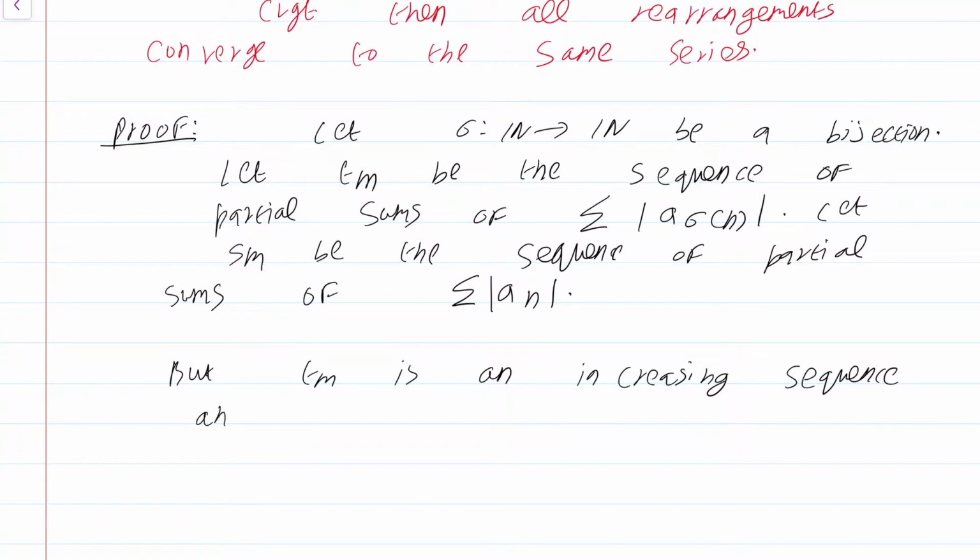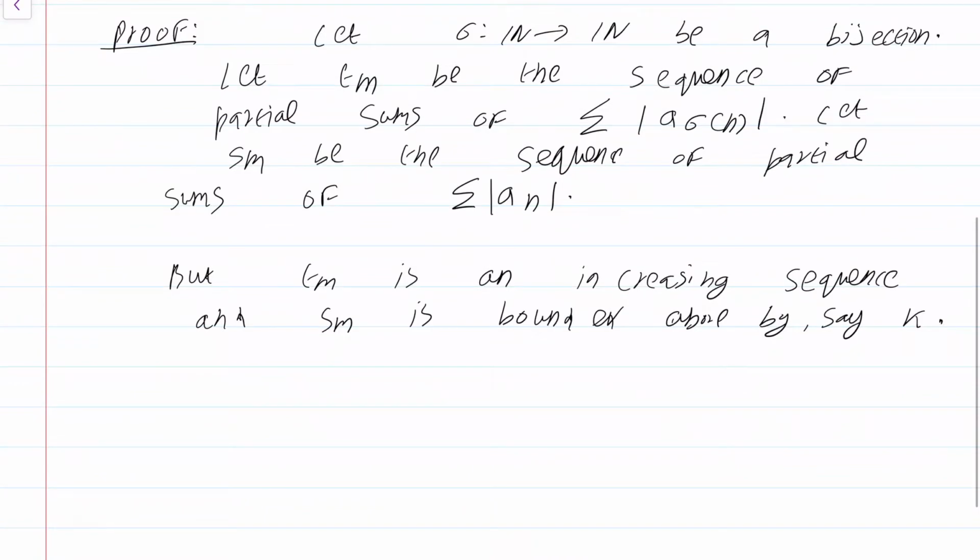and Sm is bounded above by, let's say, some quantity k. Why is Sm bounded above? Because summation mod an converges absolutely. Convergent sequences are bounded, therefore Sm will have to be bounded. Now what we do is the following.